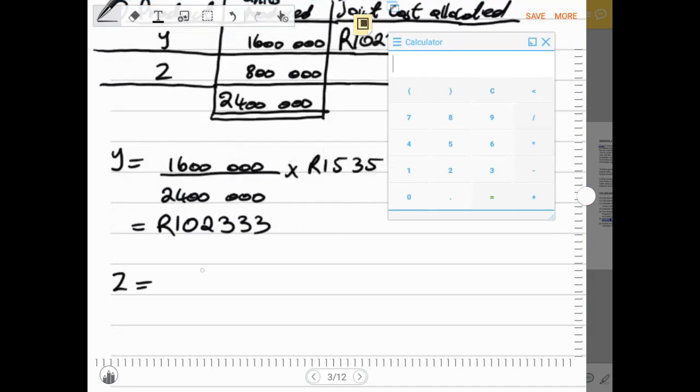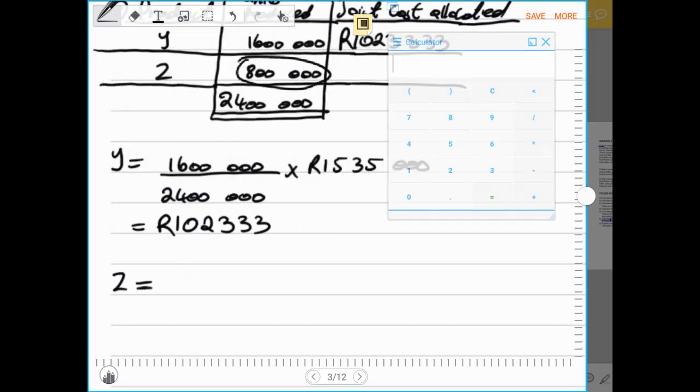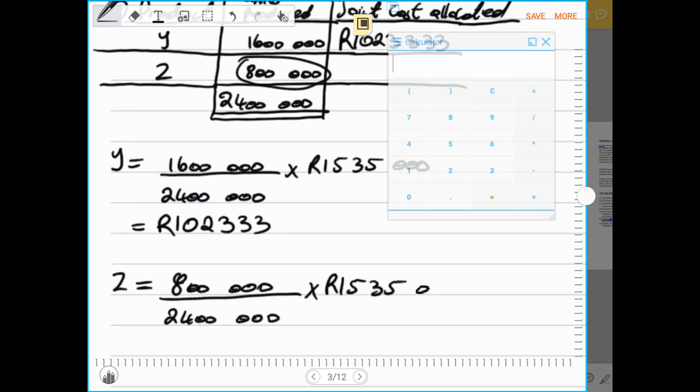Then we allocate our joint cost for product Z, which will be equal to the total units of product Z that were produced, and that is 800,000. We divide this by 2,400,000, and we multiply this by the joint cost that we adjusted to 1,535,000.